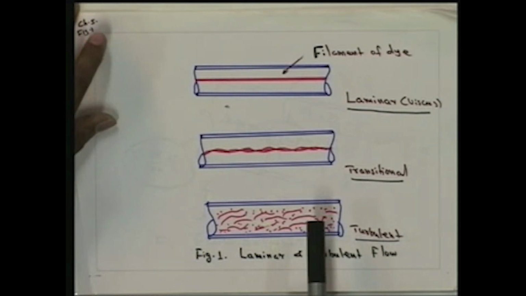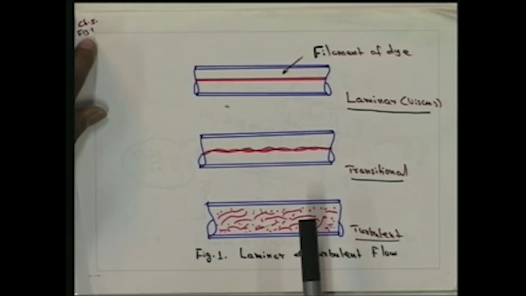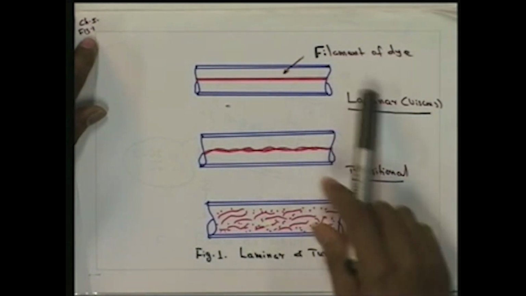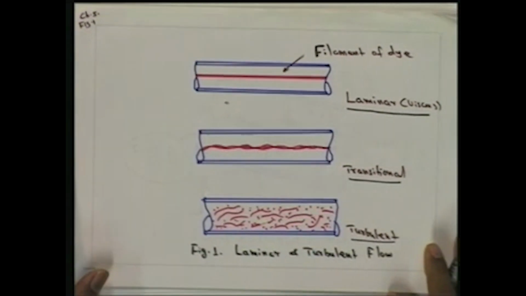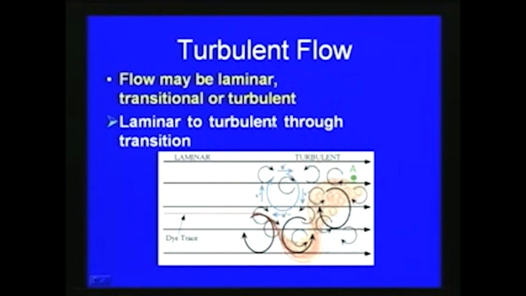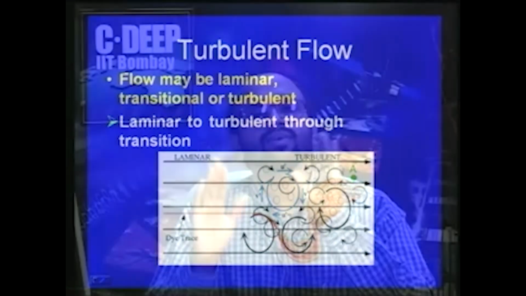Now we are going to discuss more on turbulent flow, as we have already covered laminar flow at steady state. The flow goes from laminar to turbulent through a transition stage. Naturally, laminar flow is calm and mostly in layers.